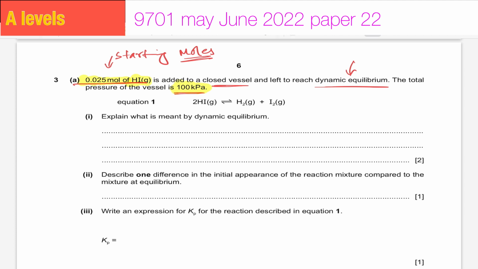And this is the chemical equation, the equilibrium which is established between hydrogen iodide and hydrogen and iodine gas. Now the first part of the question is what is meant by dynamic equilibrium.